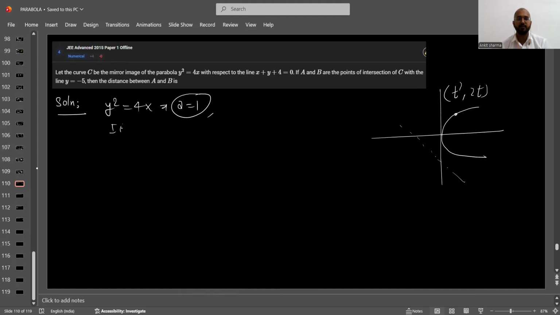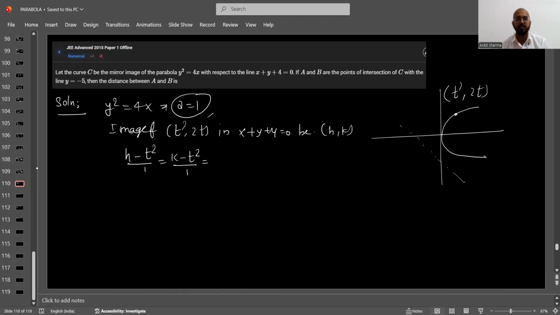So now we will parameterize this point and find the image. So image of t square comma 2t in x plus y plus 4 is equal to 0, we'll assume it to be h comma k. So now let us find the image. So (h minus t square) by 1 is equal to (k minus 2t) by 1 is equal to minus 2 times (t square plus 2t plus 4) over 1 square plus 1 square, which is 2.